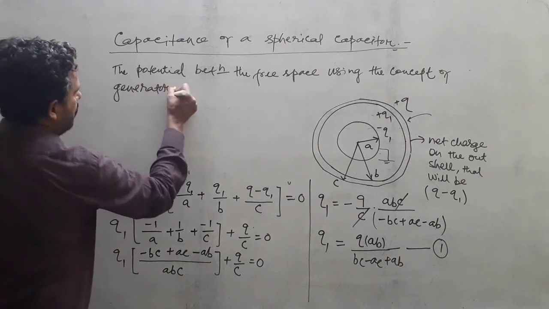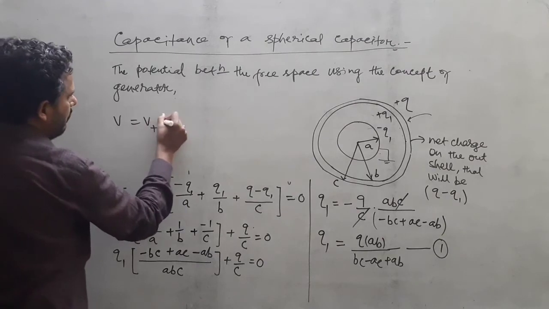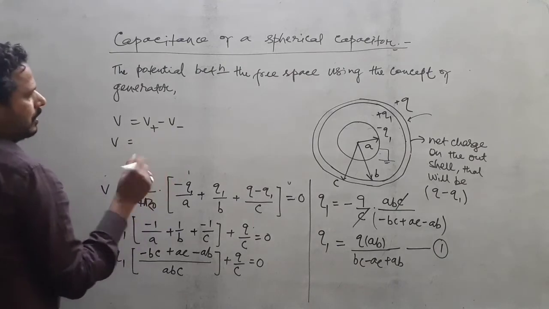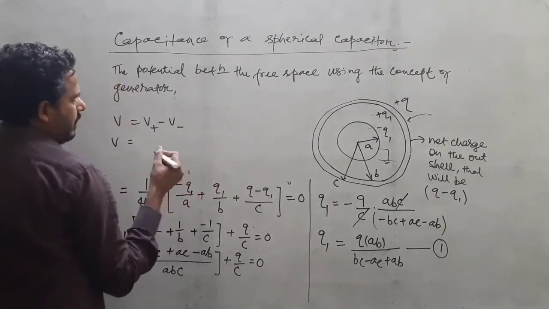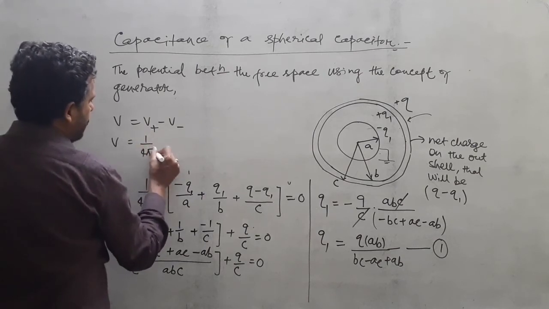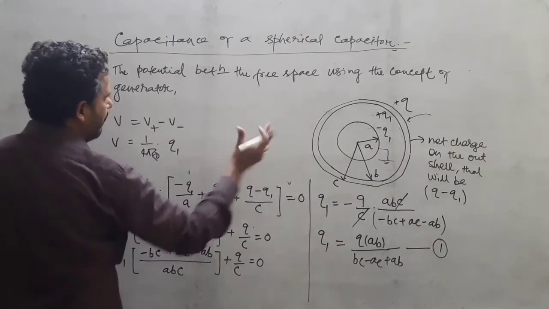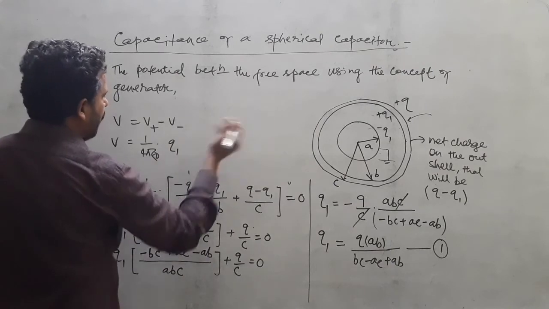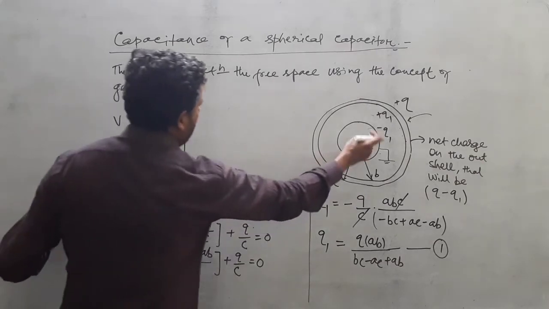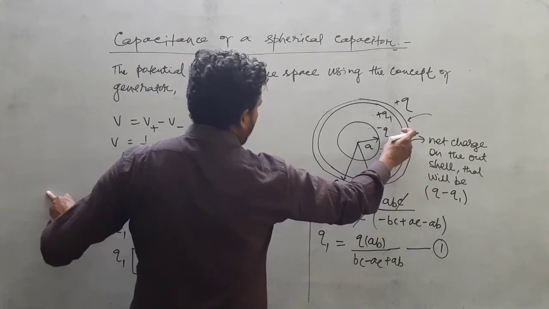So from there you know that V is equal to V positive minus V negative, and using the concept of generator, that is 1 by 4 pi epsilon naught Q1 with the charge between the internal radius of this sphere and the internal surface of this shell.